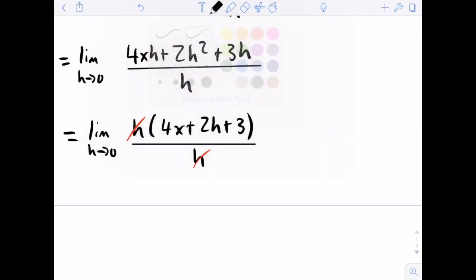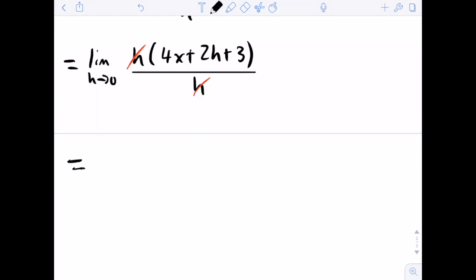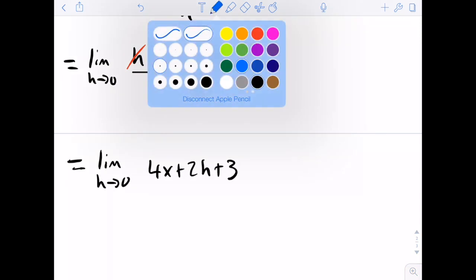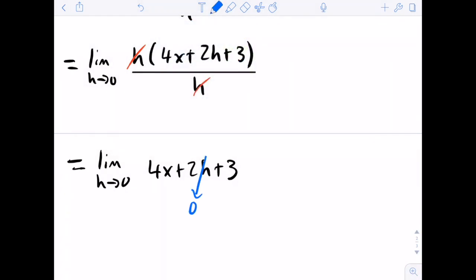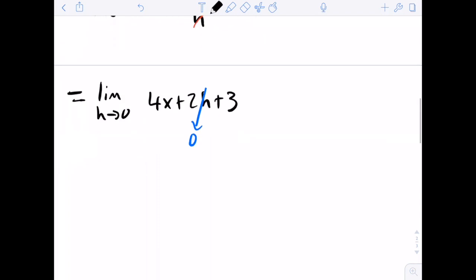Right, so now this thing looks really nice. Now this is the limit as h goes to 0 of 4x plus 2h plus 3. As h goes to 0, that 2h term goes to 0, and the only thing you're left with is 4x plus 3.